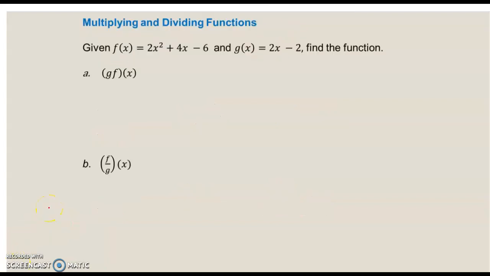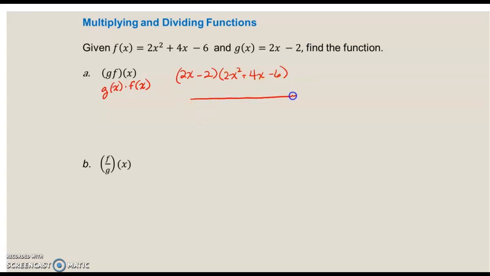For multiplying and dividing, you do it just like you've done before. This is going to be g of x times f of x, just like you're multiplying your polynomials. And you would have 2x minus 2 times 2x squared plus 4x minus 6.